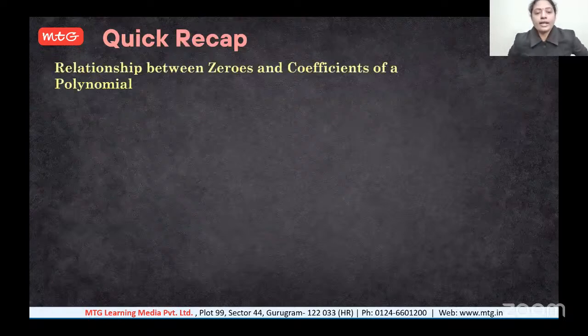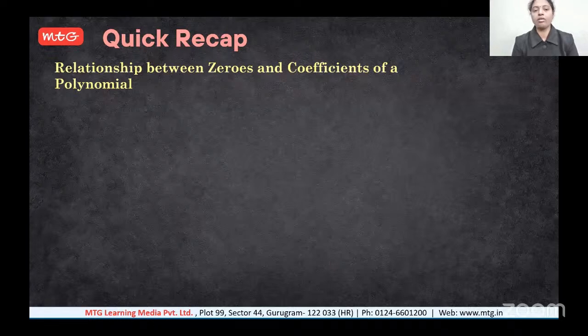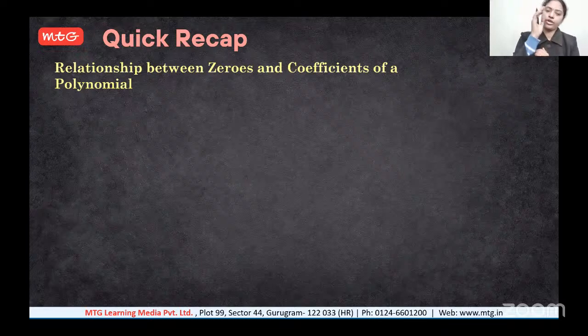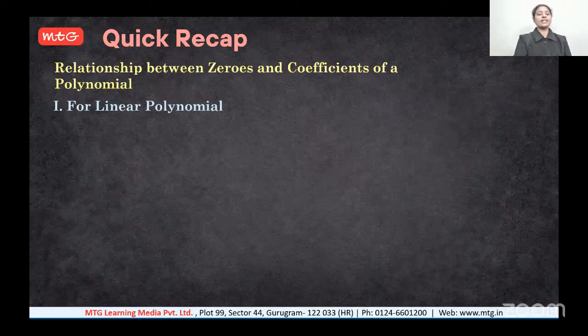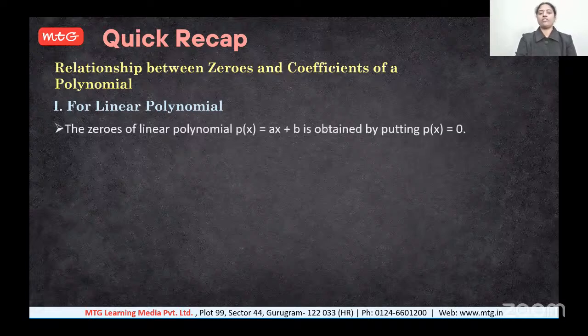Moving further, relation between zeros and coefficients. This is the third topic of this chapter, as I've said. It is the core important topic; maximum of your questions from this chapter is going to be on this one. So let's have a quick study on this. For a linear polynomial, ax plus b is the standard form.